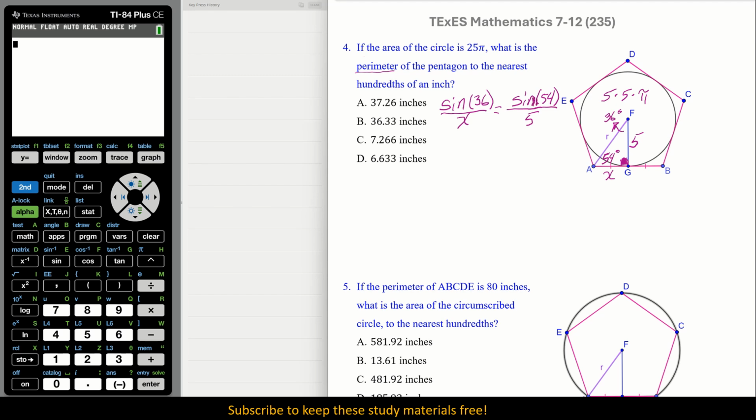So now we just cross multiply and go through the algebra. Okay, so sine of 54x equals 5 sine 36. Divide both sides by the sine of 54.